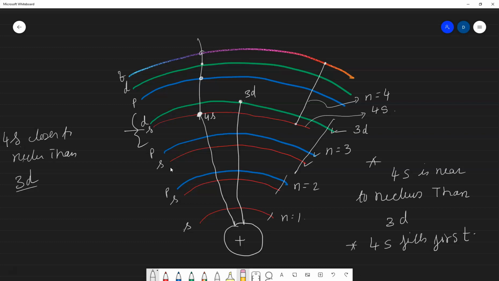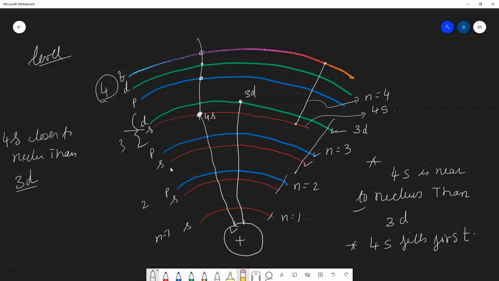You can use this word called level, rather than calling it subshell. Just say level 1. So this is n equal to 1, level 1. This is level 2, level 3, level 4. Now you have to understand this: the s subshell of the 4th level is nearer to the nucleus than the d subshell of the 3rd level.